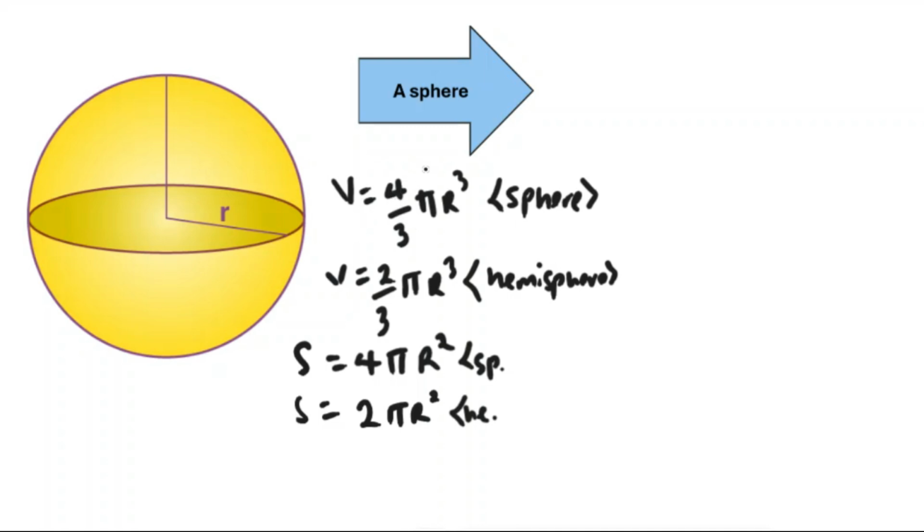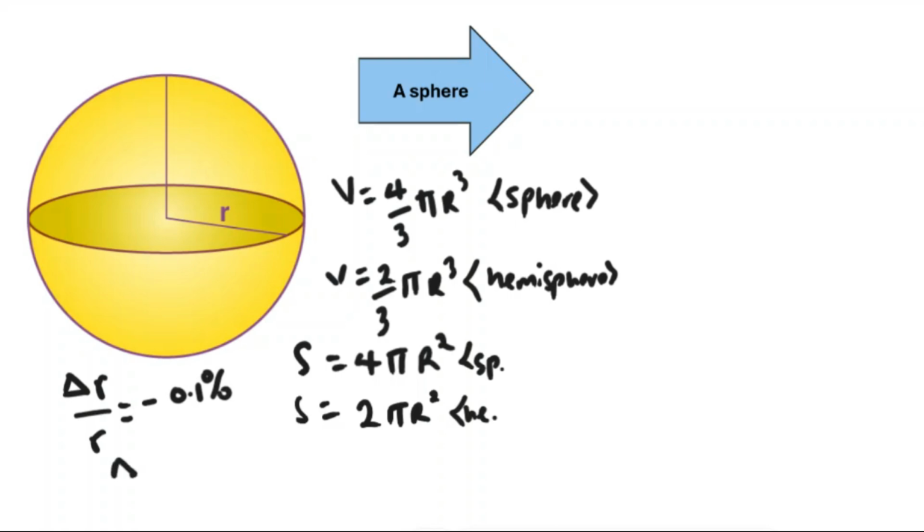Now, read the question again. If the radius of a sphere decreases by 0.1%, it means our change in the radius to the original radius will be equal to, hear the word decreasing, so that will be negative, minus 0.1%.